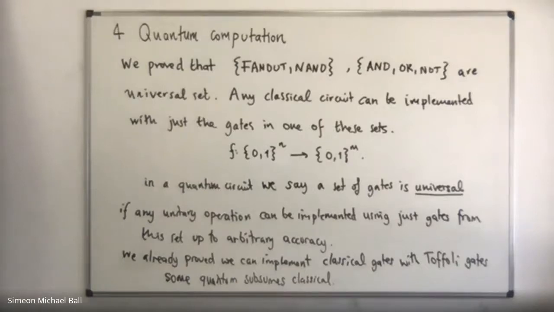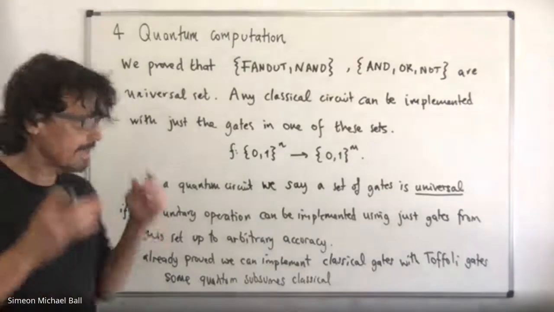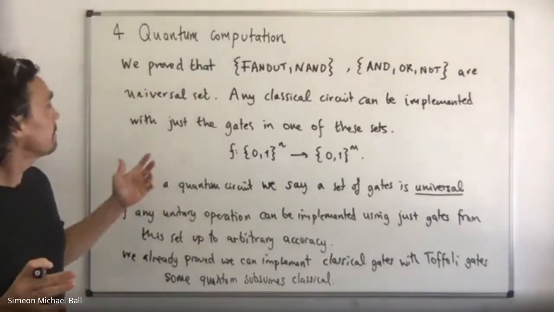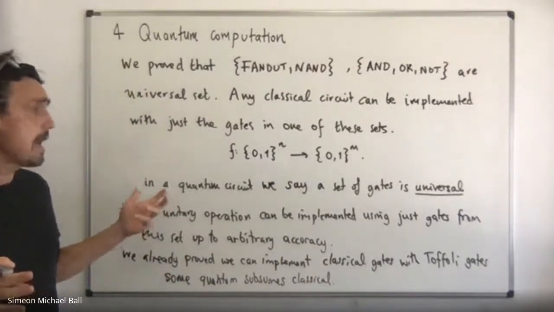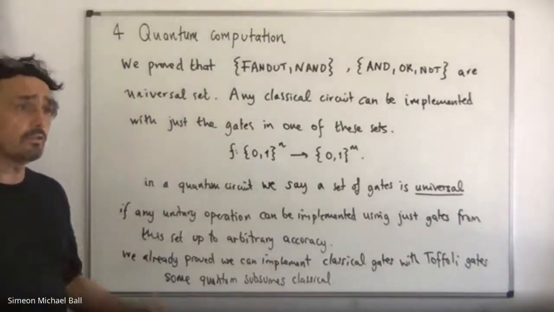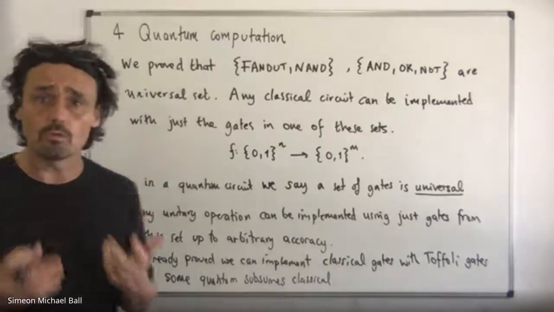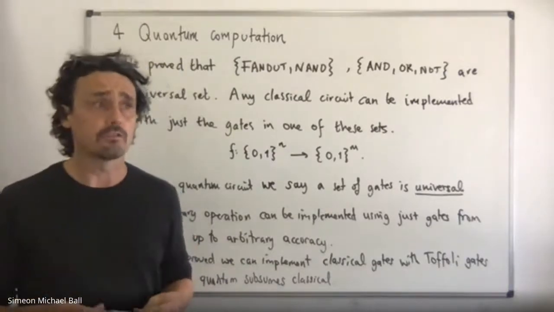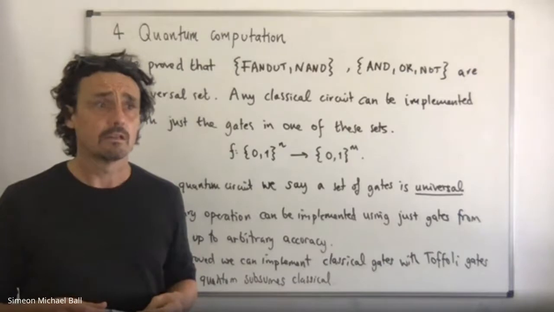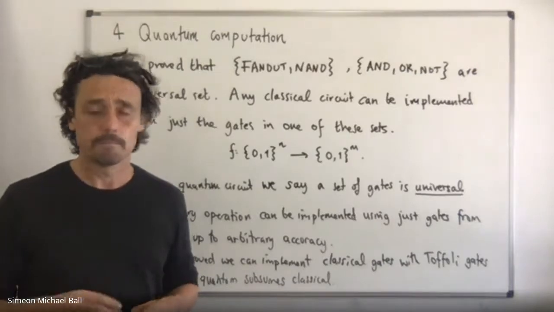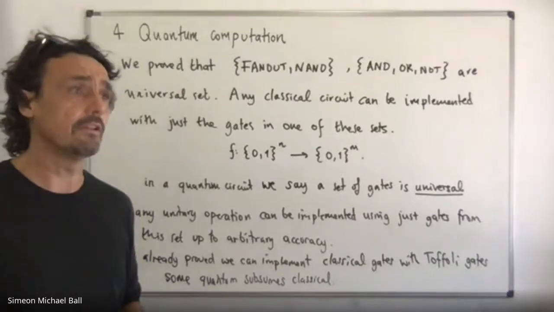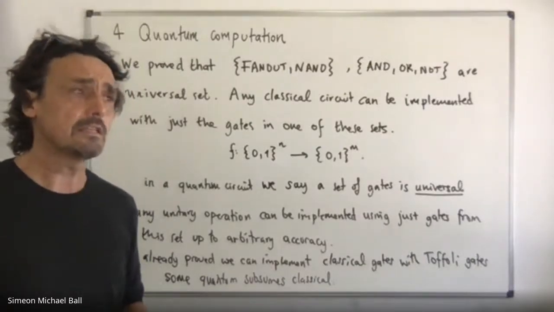So we want to find a set of gates which is universal for quantum circuits, and by universal we mean we can implement any unitary operation up to an arbitrary accuracy. Now, why is that important? It's kind of important for classical, but not really.